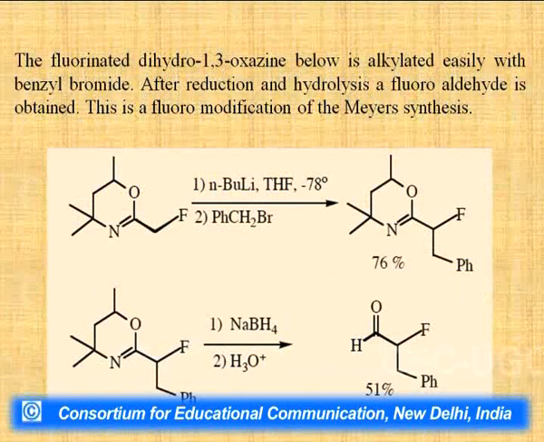Fluorinated dihydro-1,3-oxazine below is alkylated easily with benzyl bromide. After reduction and hydrolysis, a fluoroaldehyde is obtained. This is a fluoro modification of the Meyers synthesis. In the Meyers synthesis, dihydro-1,3-oxazine derivatives are alkylated, and this is the modification.